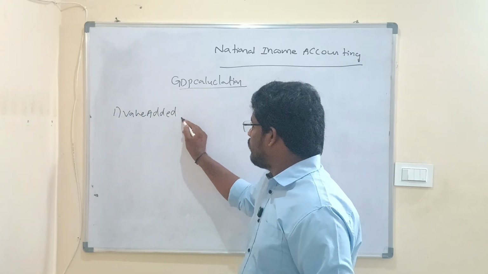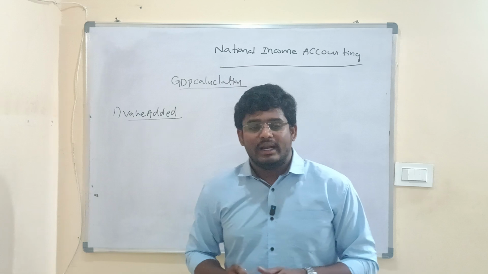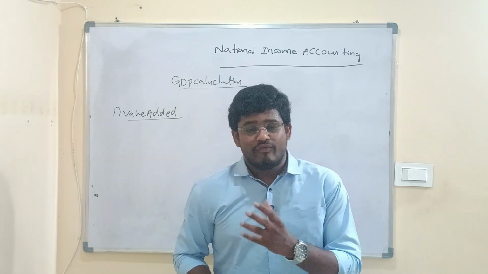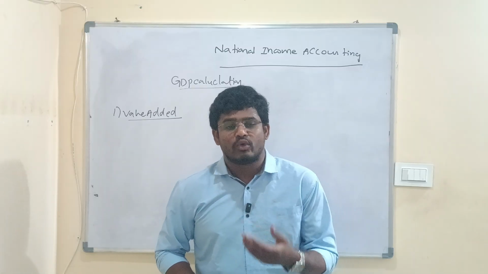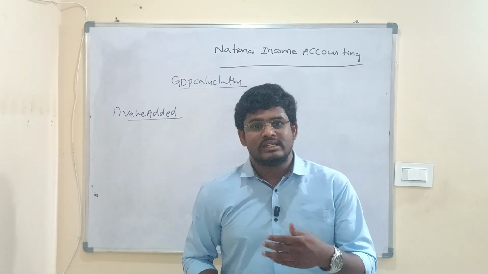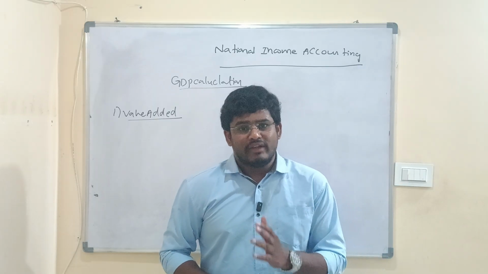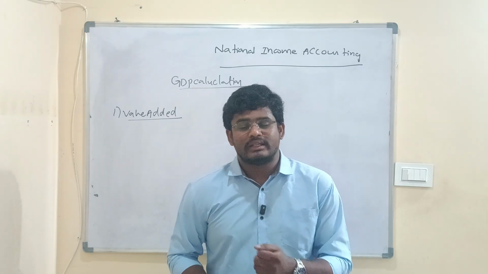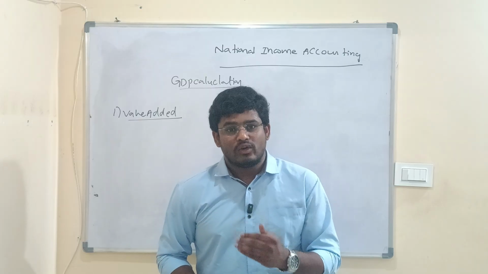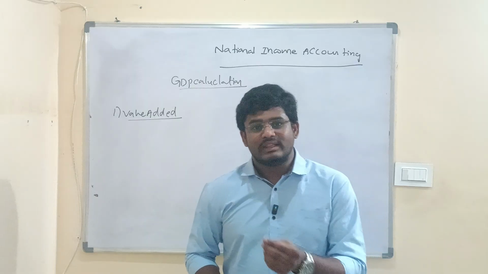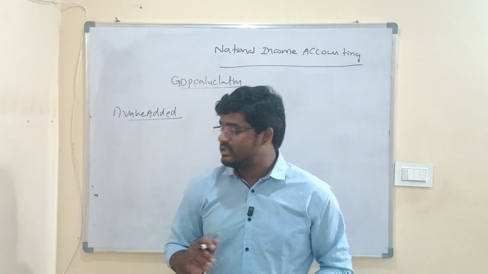The value added method simply refers to summing the gross value added by all the producing sectors, which gives us the GDP. We have also discussed that the value added method is used to know the GDP contribution of the primary sector along with the registered manufacturing units.